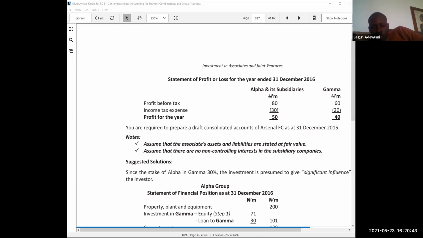So what we need to do here is just to recognize the investment in associates, and we also need to recognize the share of profits in associates. I think that is basically what we need to do. We follow the same pattern that we've been doing before. So that's all.